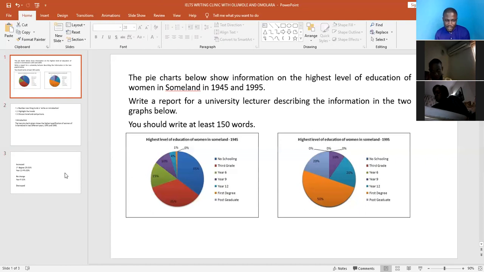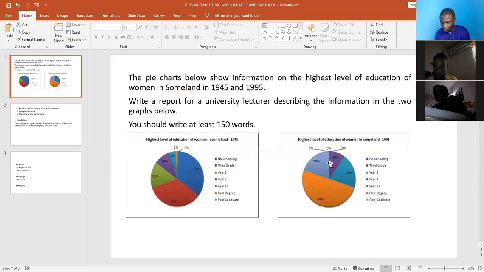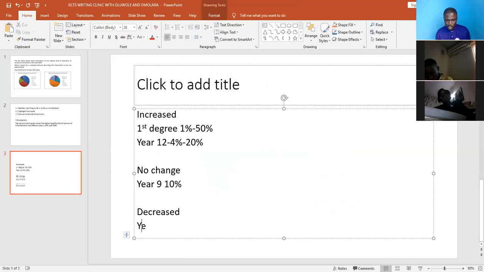No, 15. Yes. So by the next year, it was 0%. So decreased. Year 6, 15% to 0.